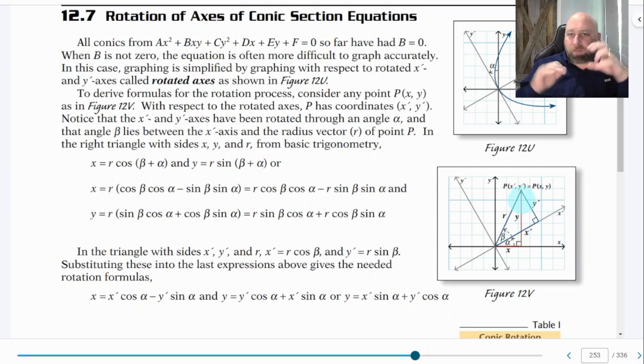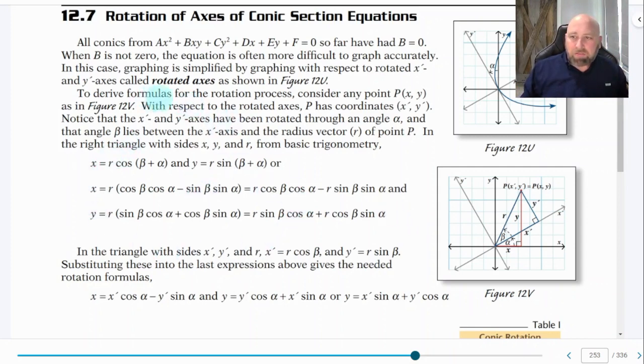Well, if we calculate that into it, then it will rotate itself. We don't actually have to do the rotation when we layer it in there on top of it. It will rotate all the points for us.